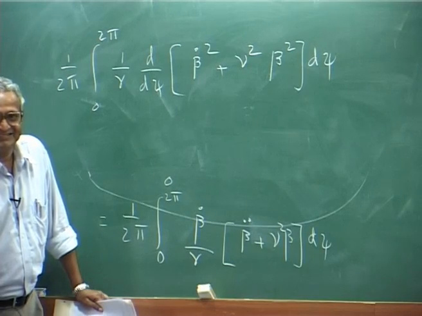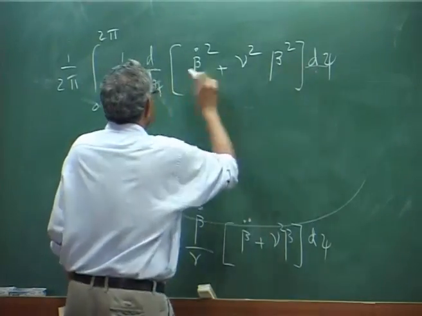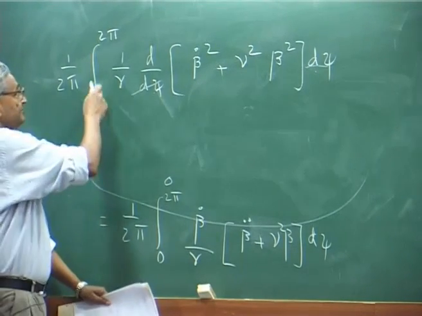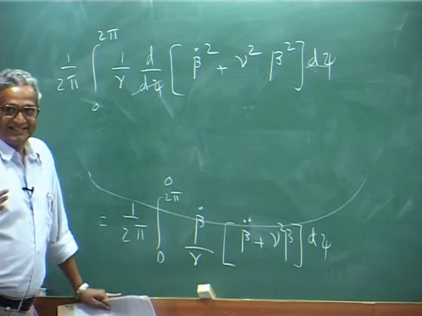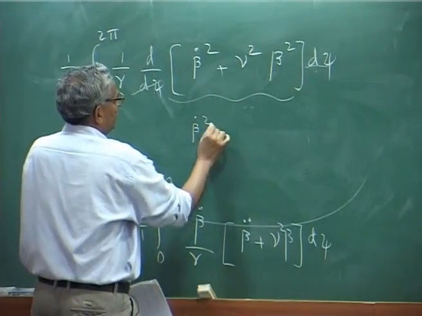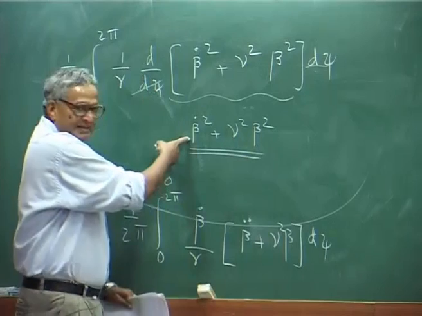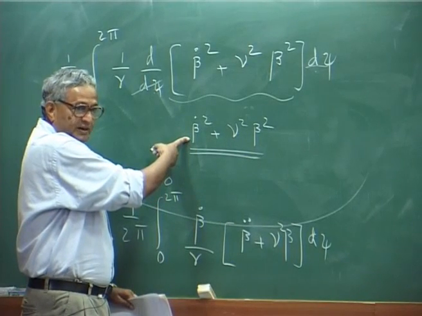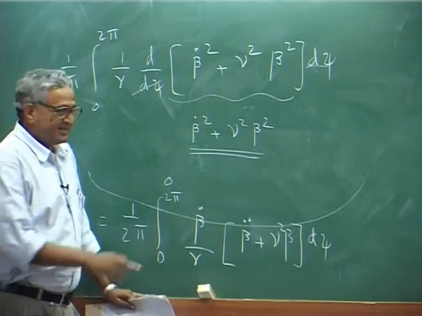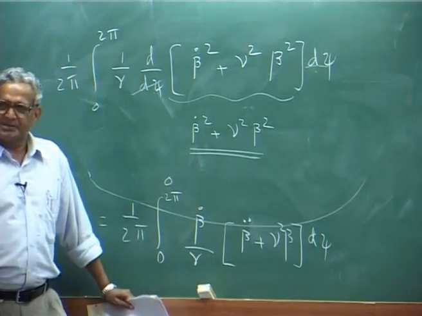Since this is a differential of some quantity which I am integrating from 0 to 2 pi, and this is velocity square, this is position deformation square, this is like kinetic energy and this is like strain energy.